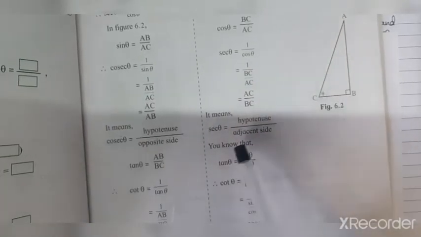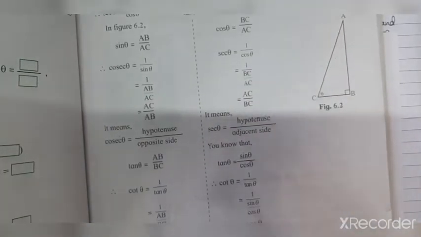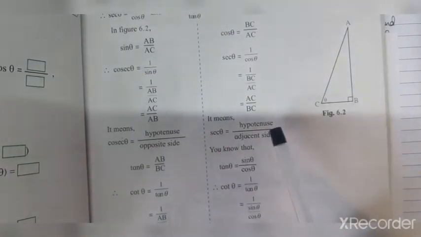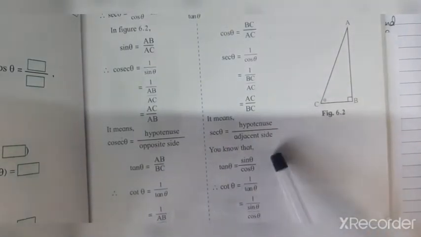With respect to that, we are going to study here again cosec, sec and cot. Cosec is just the opposite of sine, that is hypotenuse upon opposite. Sec theta is hypotenuse upon adjacent, and cot theta is adjacent upon opposite.